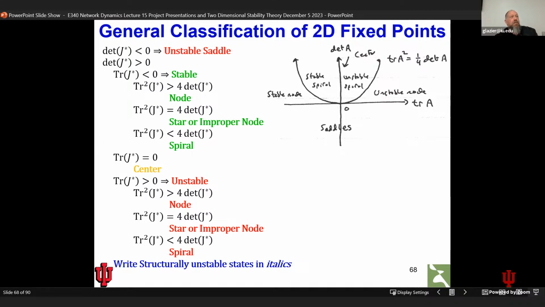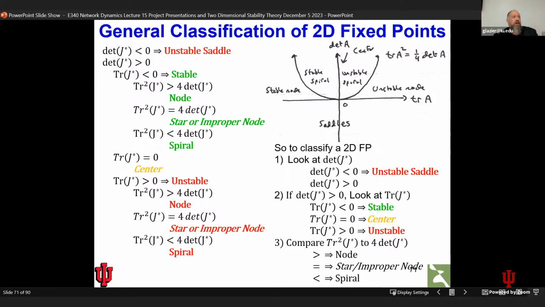If the determinant is positive, you get spirals. If the determinant is negative, you get saddles. And so that gives you a classification of all of the fixed points that are possible in 2 dimensions by evaluating the Jacobian matrix and then finding its trace and its determinant.